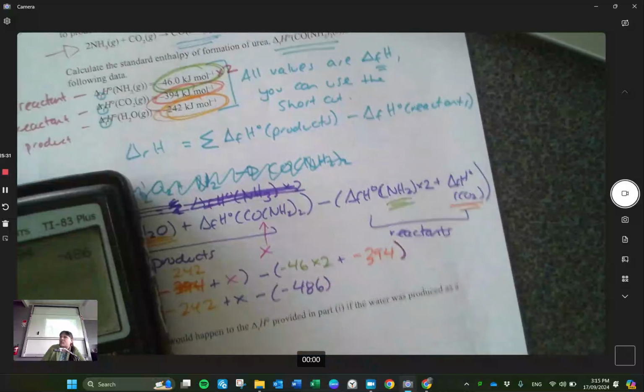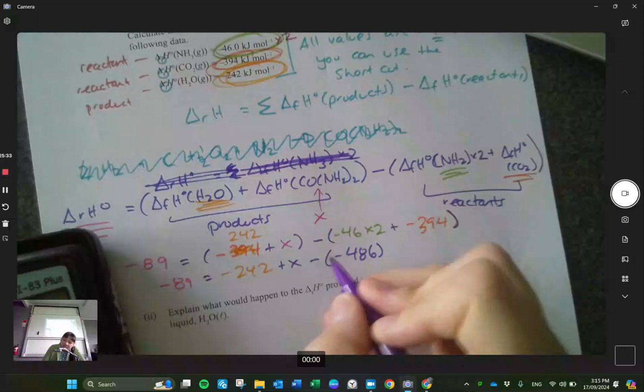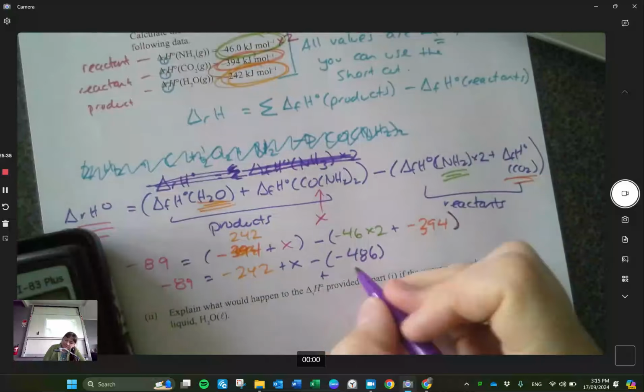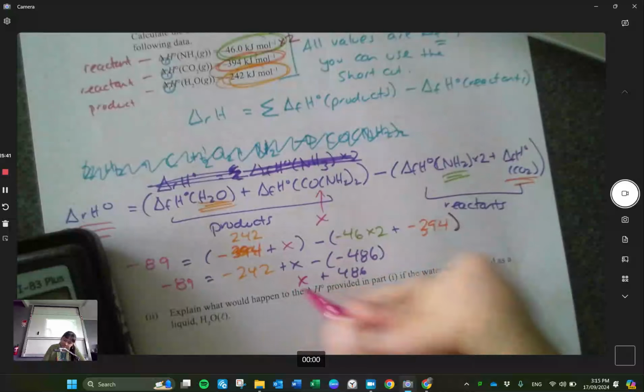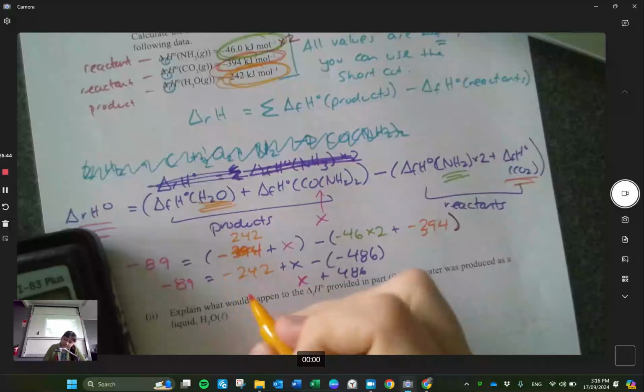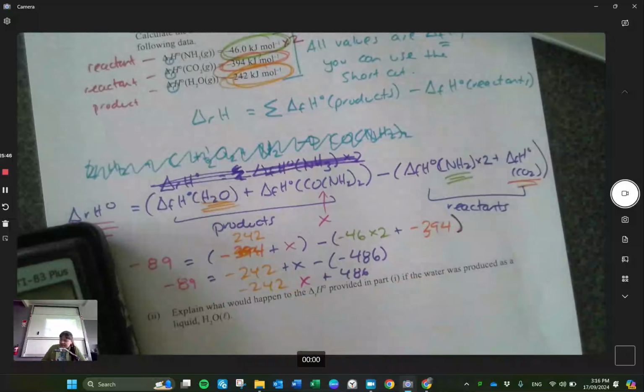So that would be an example of why you get a merit. Negative times a negative is a positive. I actually think this way's harder.